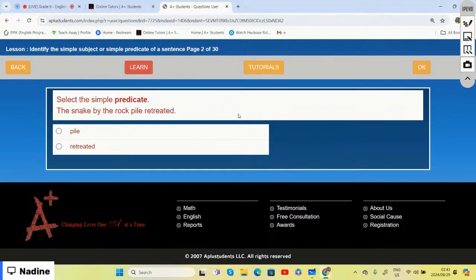Only the verb, pile or retreated. And if we were to select the correct option, we would say it is retreated.